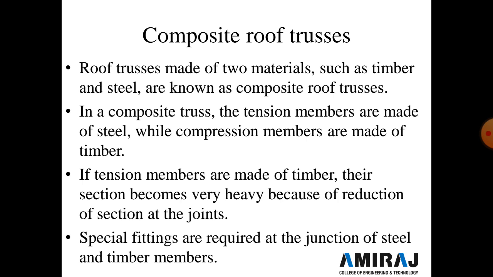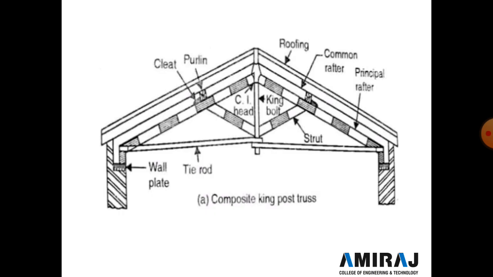In a composite truss, the tension members are made of steel while the compression members are made of timber. If tension members are made of timber, their sections become very heavy because of reduction of section at the joints, and special fittings are required at the junction of the steel and timber members. Here is a composite truss, a king post truss in this figure. Here steel and wood, both materials, are generally used.